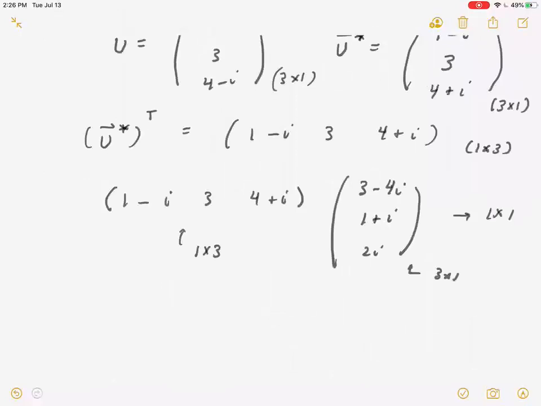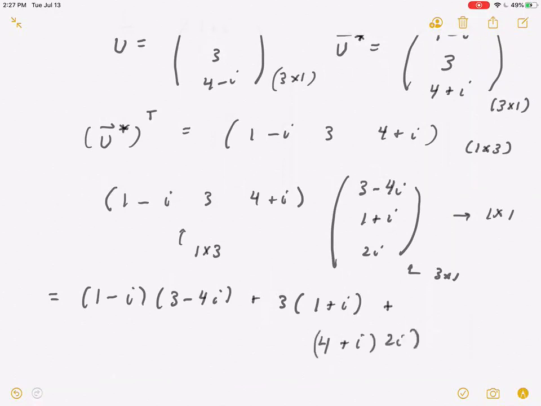Okay, so this is going to be 1 minus i times 3 minus 4i plus 3 times 1 plus i. I'm just using the normal rules of matrix multiplication, plus 4 plus i times 2i. And that's going to give me 4i.